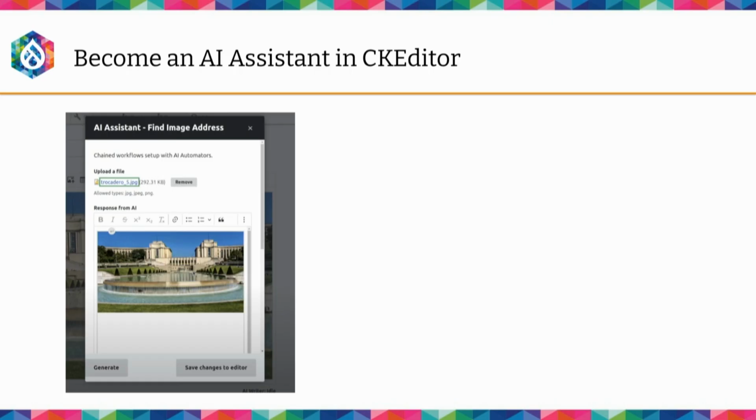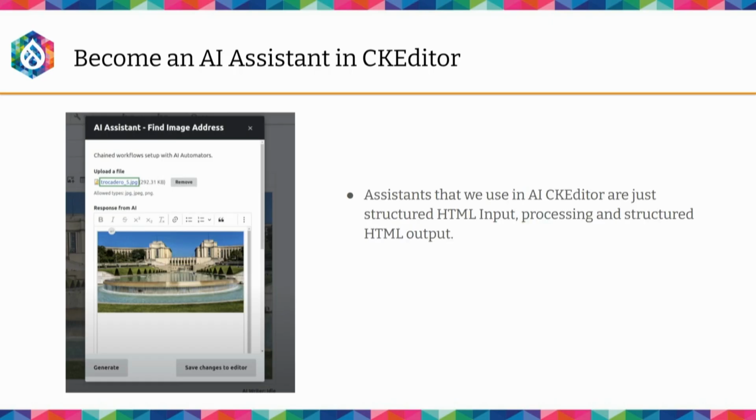The other thing is that we have a module in the AI suite called the AI CKEditor. In that case, it's quite similar. It has a strict input, which is HTML, a CKEditor field it takes as input, and it outputs an HTML field.